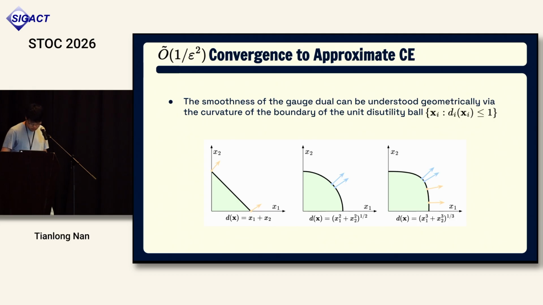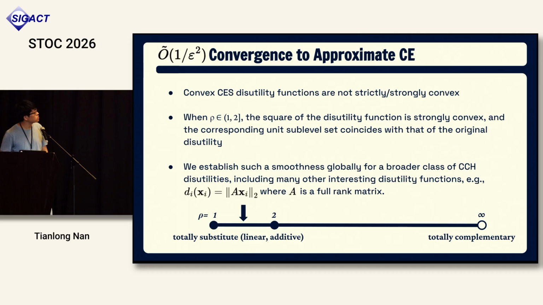If you look at the unit level set, when the boundary is flatter, it means that the dual function is more non-smooth. So the result is that, excluding the linear disutility and the anti-NF disutility, over the full spectrum of the CES disutilities, we can show the 1 over epsilon squared convergence rate.